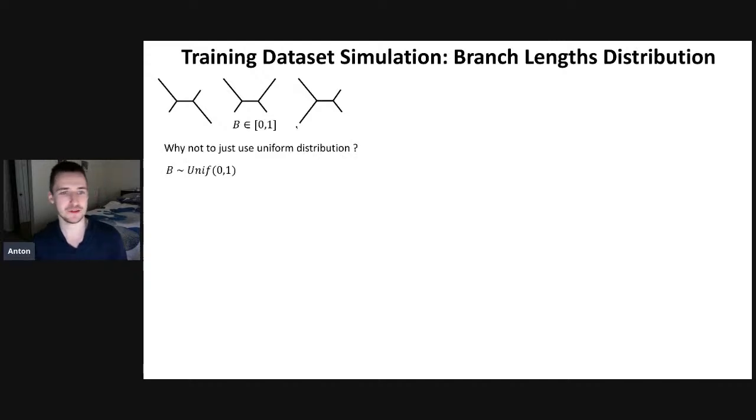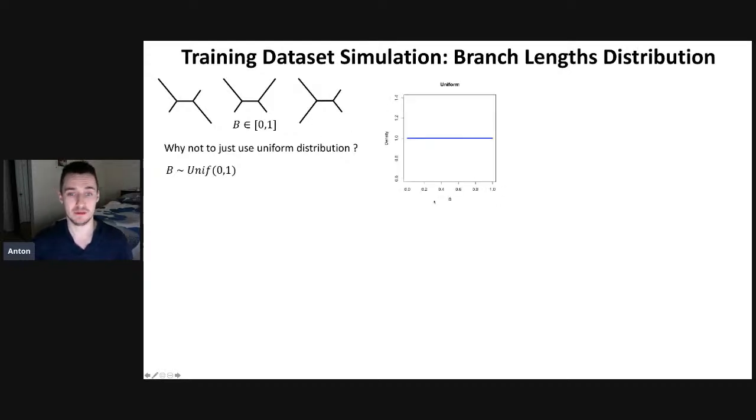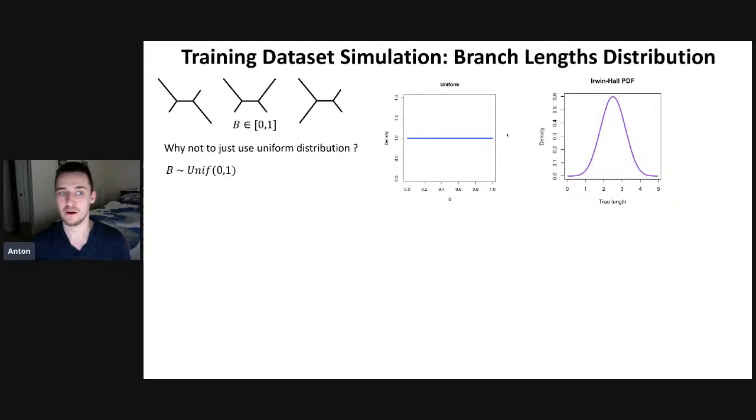And the question is, why not just use a simple uniform distribution from 0 to 1? Okay, great. We can, of course, draw the branch lengths independently from a uniform distribution, and the distribution of each branch length is going to be uniform. That's great, but unfortunately, if we look at the sum of those branches, or tree lengths, using this uniform procedure, we are not going to get trees that are very short or very long, because the sum of uniform variables is distributed according to the so-called Irwin-Hall distribution.